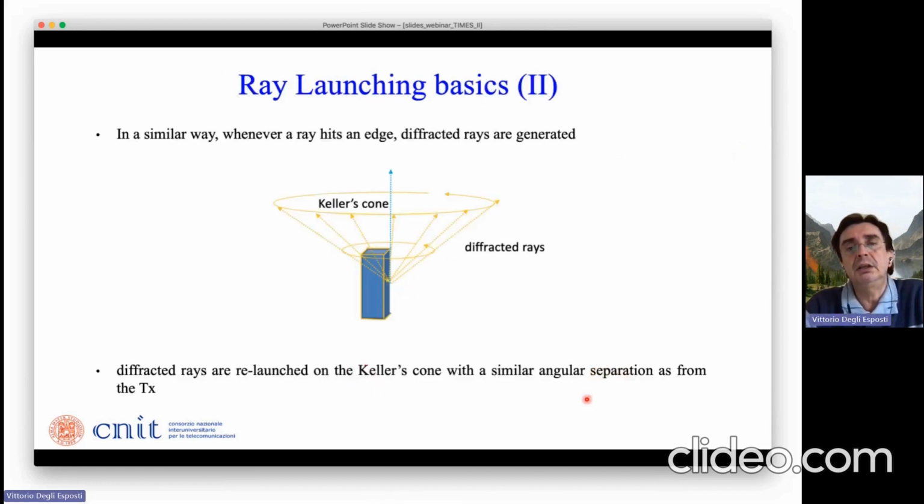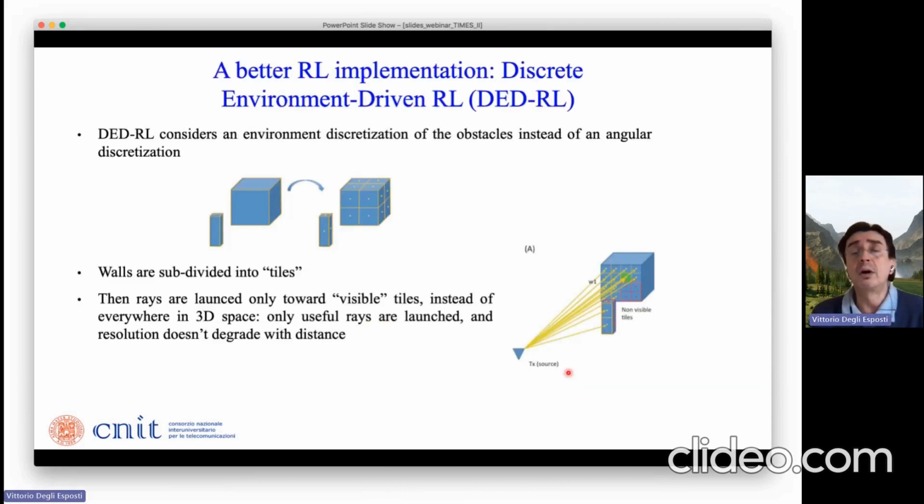In ray launching, each time a ray hits the edge of an obstacle, we have to split the rays again. So the diffracted rays are relaunched on the Keller cone, starting from the edge, with a similar angular separation as from the source. There are more efficient relaunching implementations that, instead of launching rays in all directions, launch rays only toward the obstacles. So the obstacles are basically discretized.